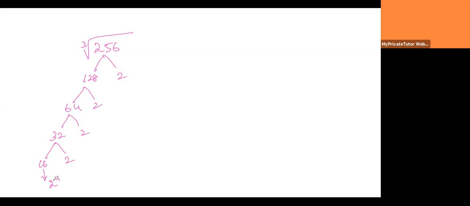So let's check how many 2's we have: 2 times 2 times 2 times 2. We have 4 here, 5, 6, 7, 8. So we have just 8.